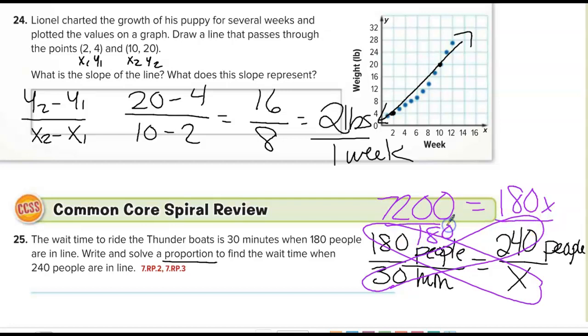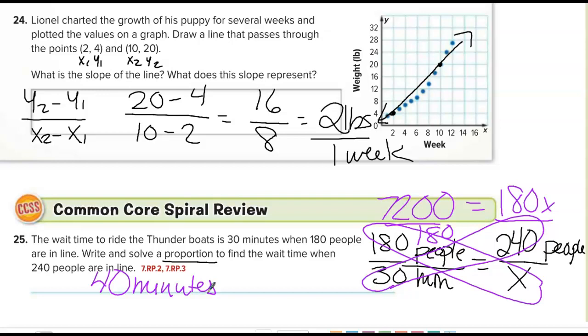So what do you get when you take 7,200 divided by 100? 72. And what would I label it? Minutes. I multiplied those two, and you set that equal to the multiplication of the other two, which is 100x, right? So then to solve for x, you would divide.